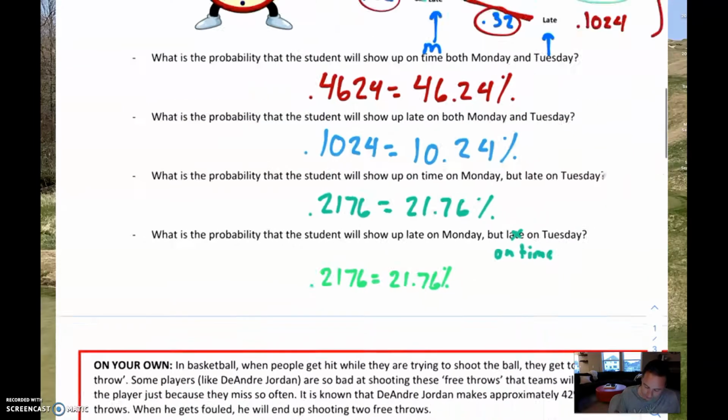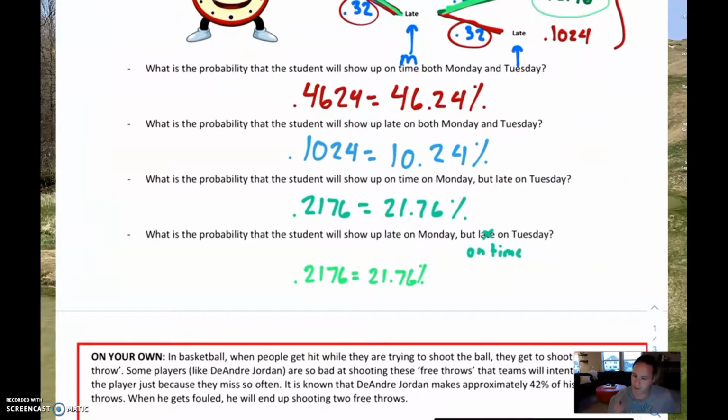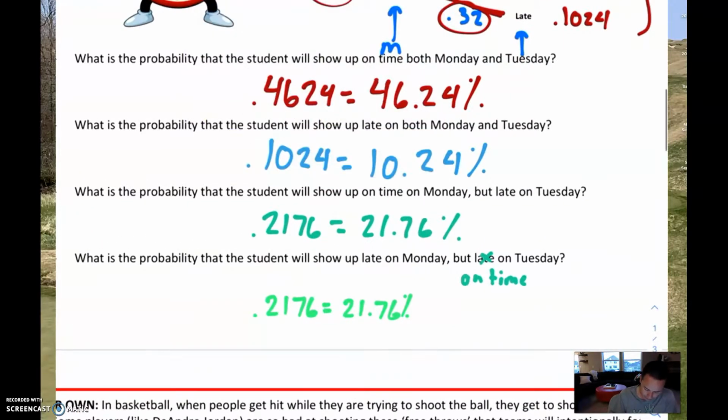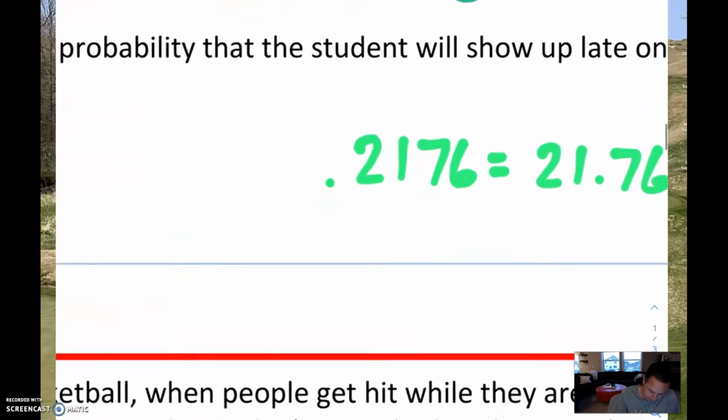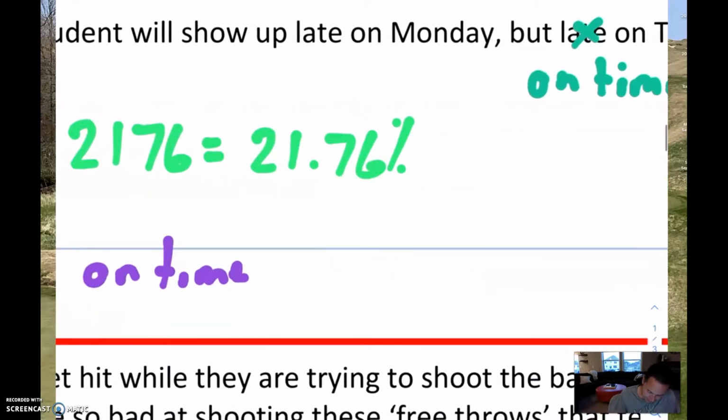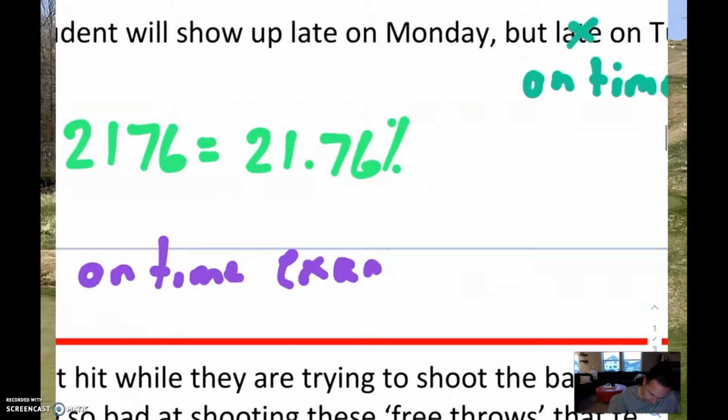Now later on you might run into one type of question, and I want to point this one out here before, just so you don't get confused when you see it. I want to know, what's the probability that they are on time exactly once?